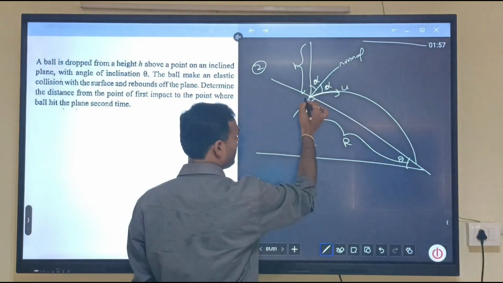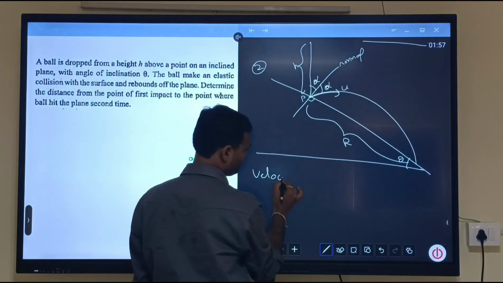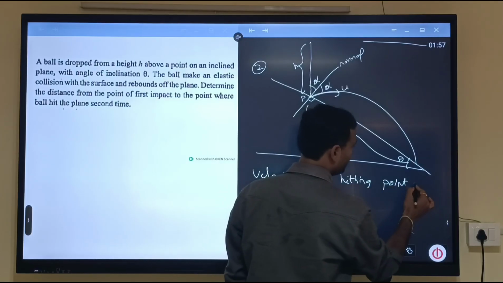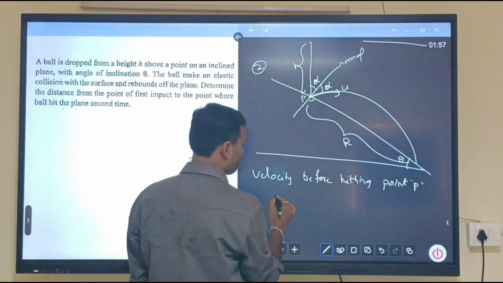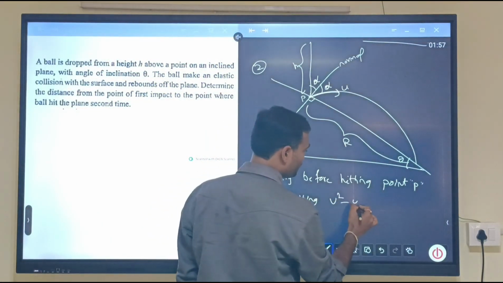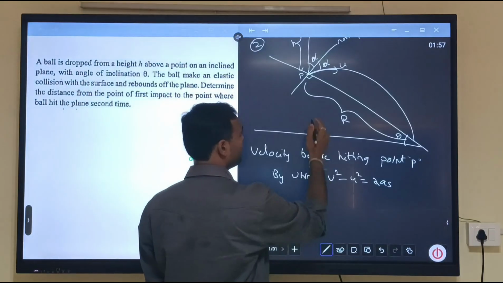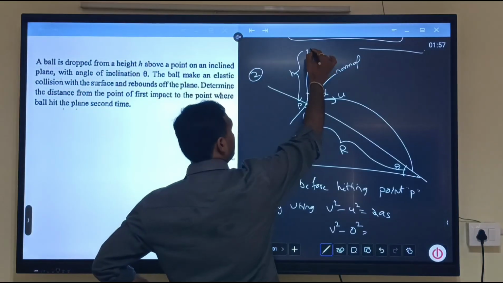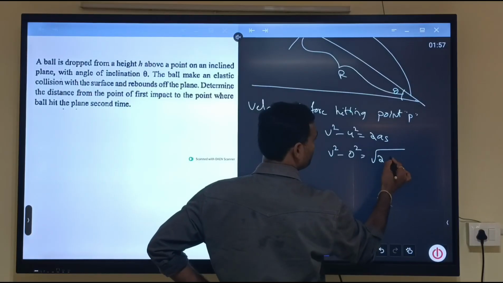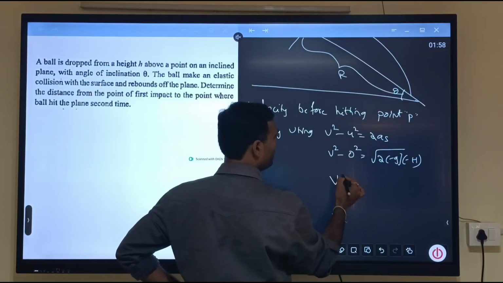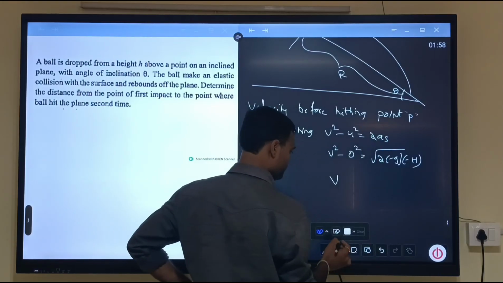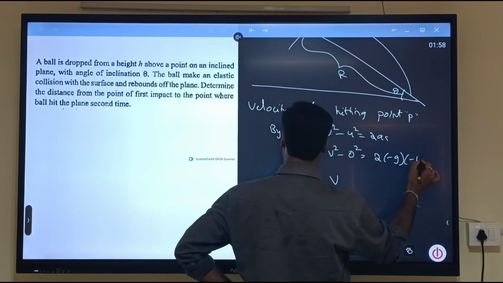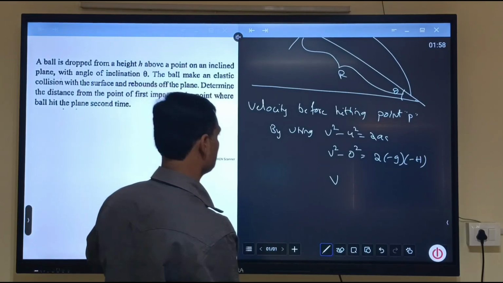Now, see here, let us assume the velocity at the point P, before hitting point P. Its velocity value becomes, by using v square minus u square is equal to 2as on the y-axis, v square minus u square, where the initial velocity u is equal to 0, is 2 times g times h, small h.